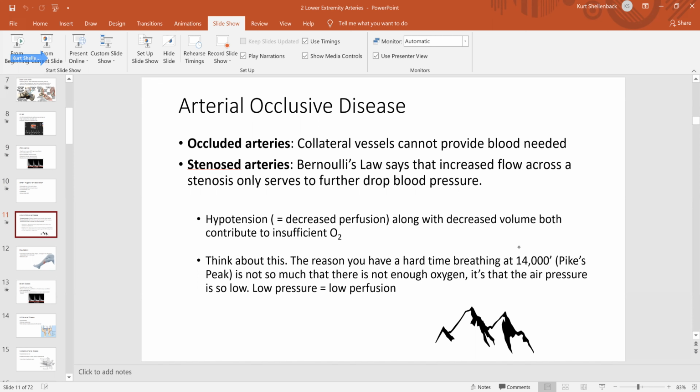The reason you have a hard time breathing at 14,000 feet, Pikes Peak, which used to be out my back door, is not so much that there's not enough oxygen, it's that the air pressure is so low. By the way, I drove to the top of Pikes Peak, because you could actually drive up there. I'd been living in Colorado Springs for 7 years at the time.